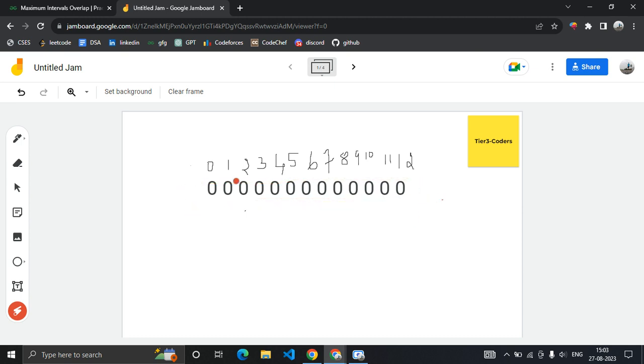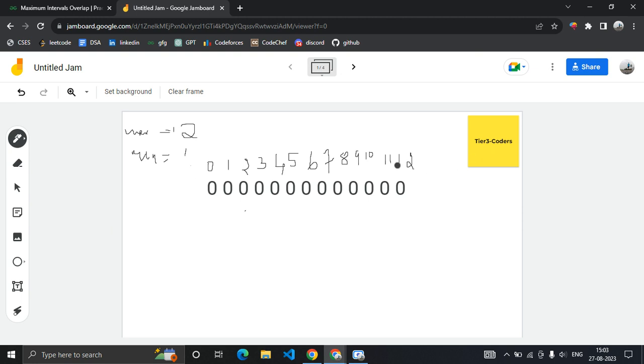I will maintain an array from 0 to max minus min, where max is 12 and min is 1.